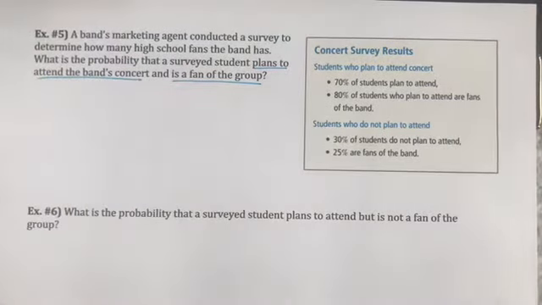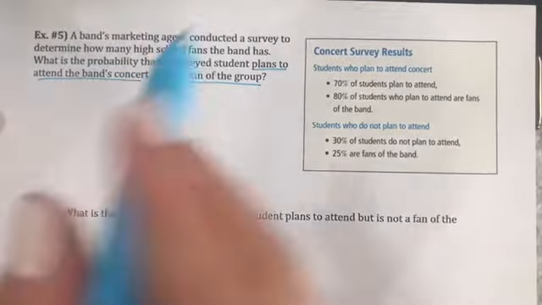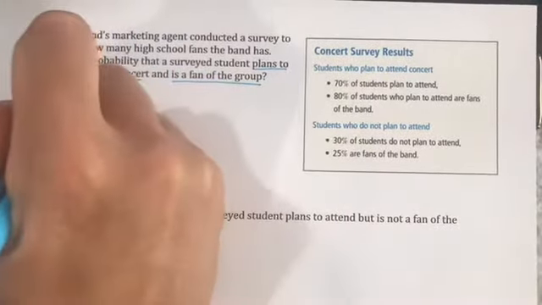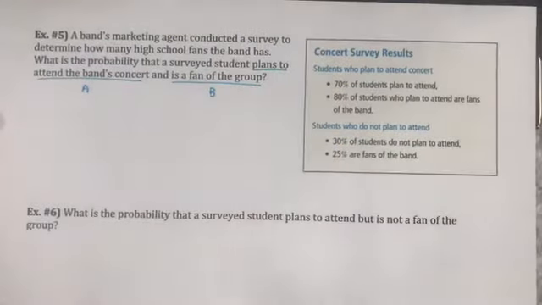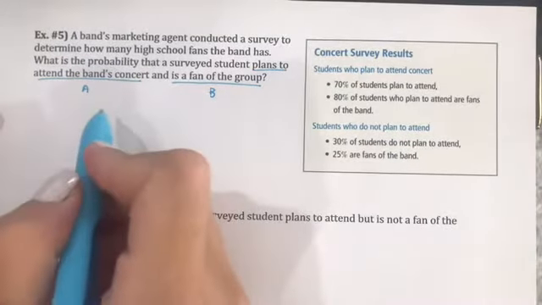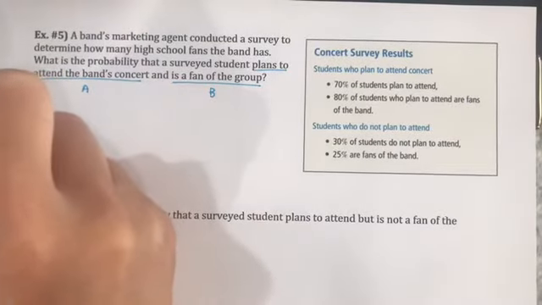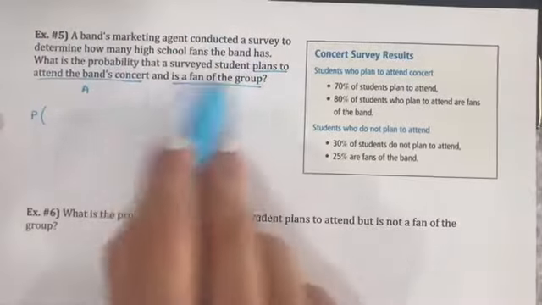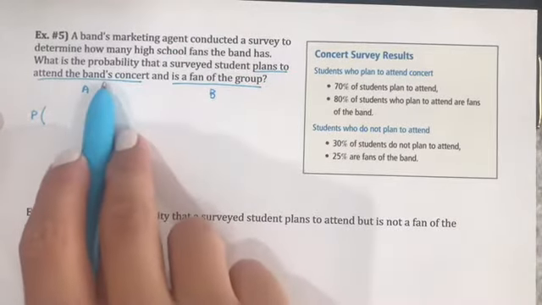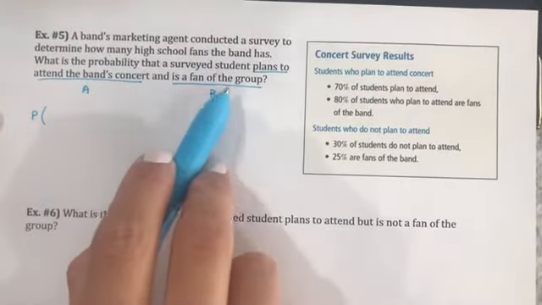So let's call these events. Let's say planning to attend is A and being a fan of the group is B, okay? So we need to figure out the probability of being a fan of the group and that they plan to attend, because planning to attend probably depends on this happening.